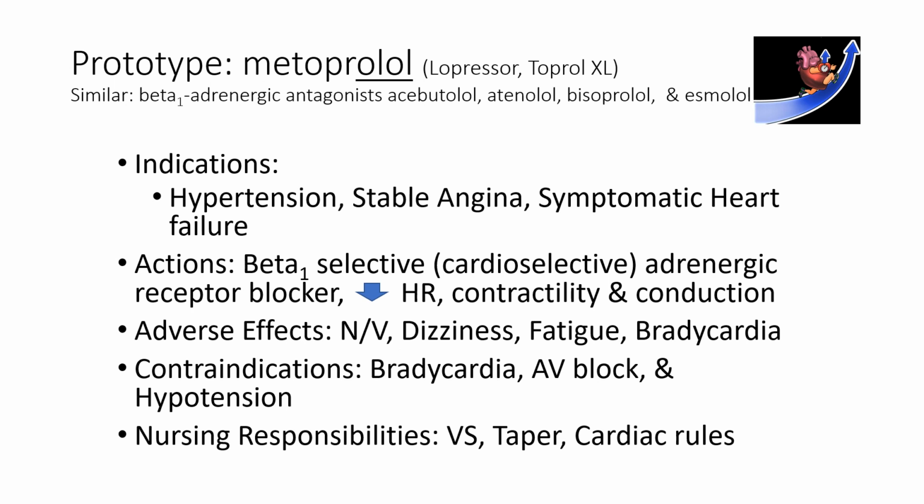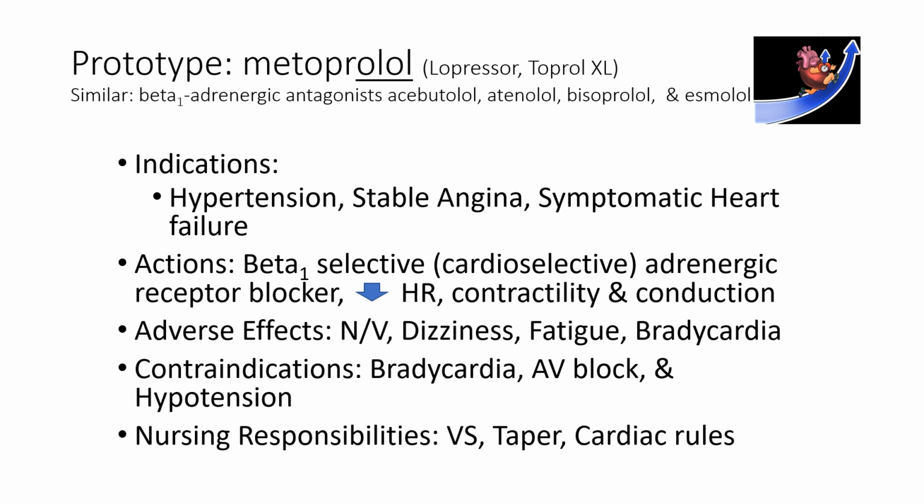Okay, so let's talk about another beta blocker, but this is a beta 1 selective blocker, meaning it's going to block the beta 1 receptors, but basically leave the beta 2 receptors alone. Okay, it won't block them as much. So it's going to impact the heart more than the lungs, which is typically what we want.